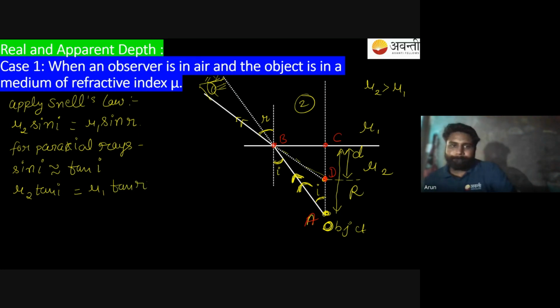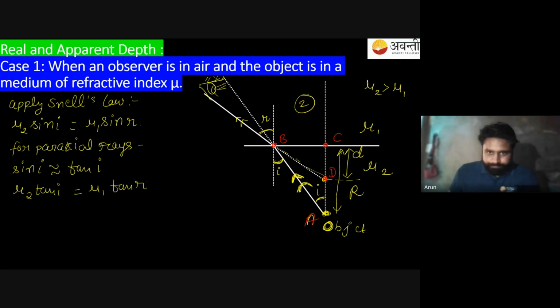Okay, got it? Yeah. So applying the value of sin I is equals to tan I, and also sin R is equals to nothing but tan R. Okay. If this angle is R, what will be the value of this angle?